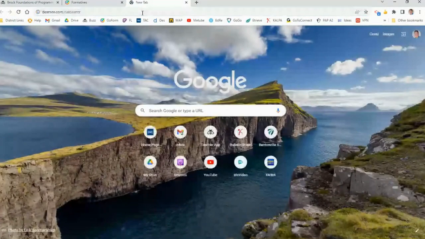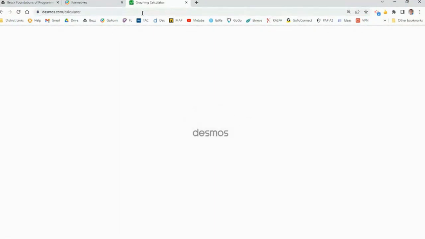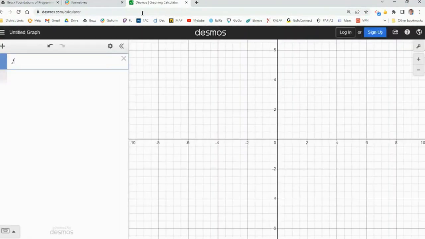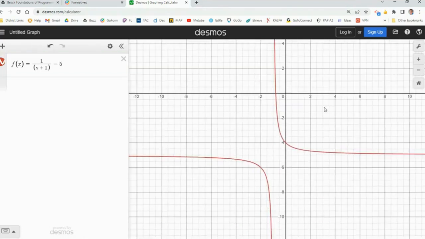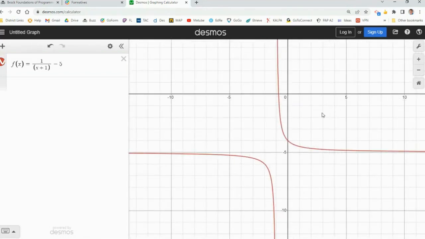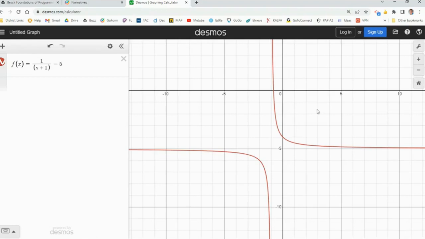All right, here's Desmos. We're going to graph this equation: f of x equals 1 divided by x plus 1, minus 5. Here's the graph. Let's zoom out a little bit so we'll see a little better. We said there should be a vertical asymptote, that's up and down, at x equals -1. Look at that, our asymptote has moved over to where it'll never touch -1.